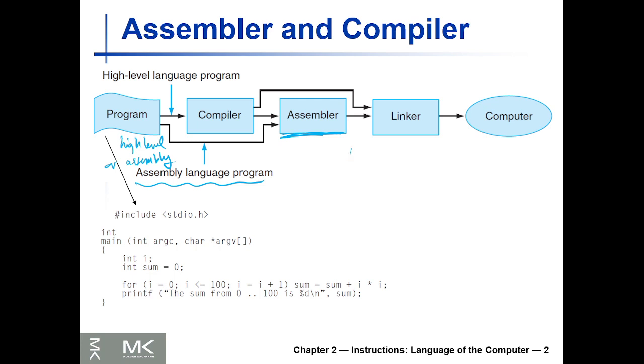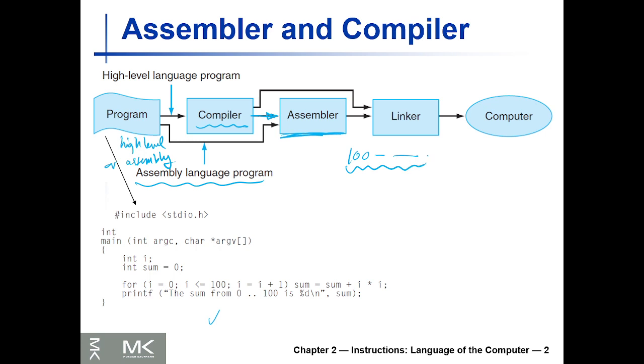So we must convert the instruction into binary. If it was, however, written in C++ or C like this, then we should feed this into the compiler first. And the compiler should convert this high-level language into assembly and provide this code as assembly to the assembler, and the assembler again will convert this code into ones and zeros.